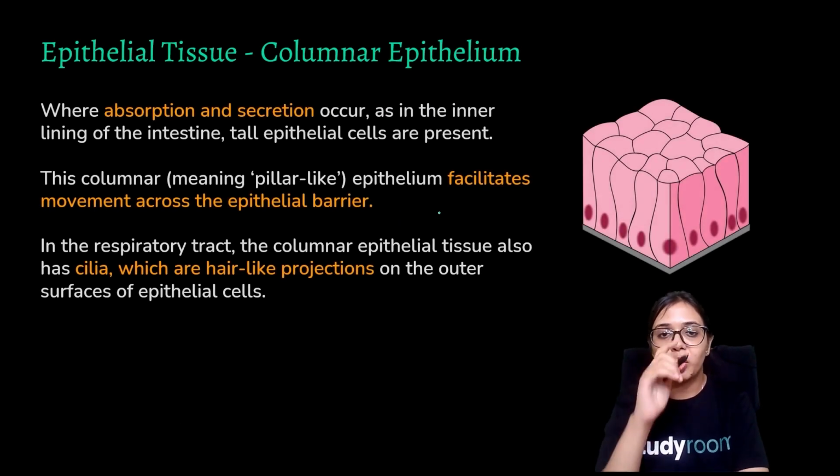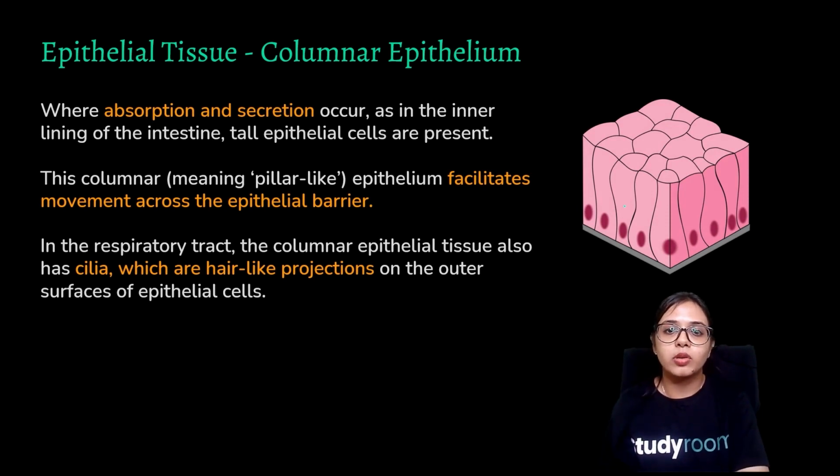Now let's have a look at the columnar epithelium, which we also call the ciliated epithelium. Wherever absorption and secretion occur, as in the inner lining of the intestine, because the intestines are those places in your digestive system where specific nutrients are absorbed. Some secretion is also given out, but mainly all the important nutrients are absorbed in the small intestine.